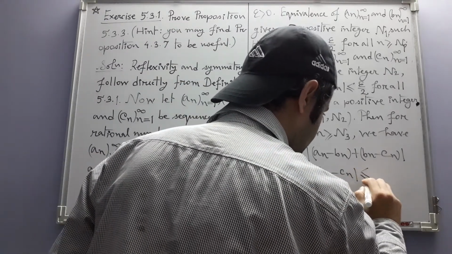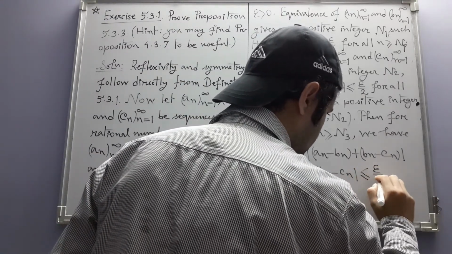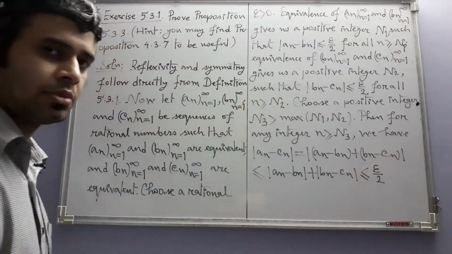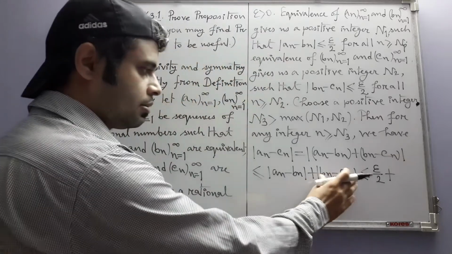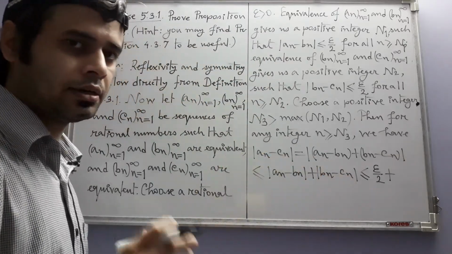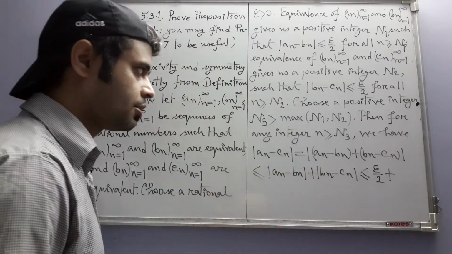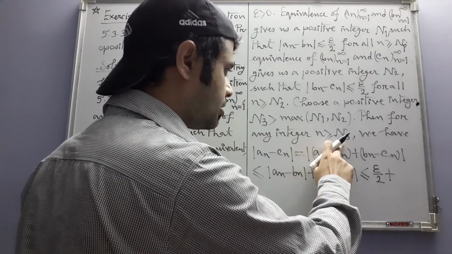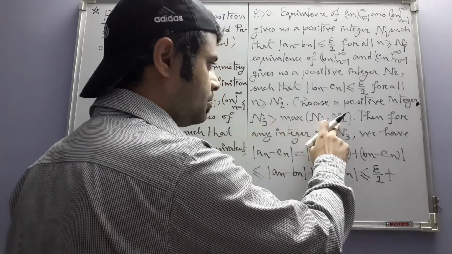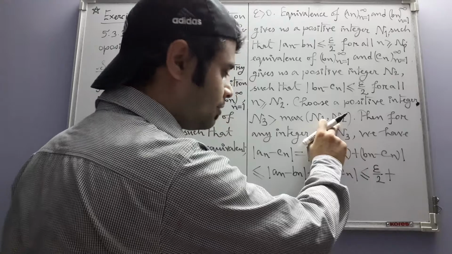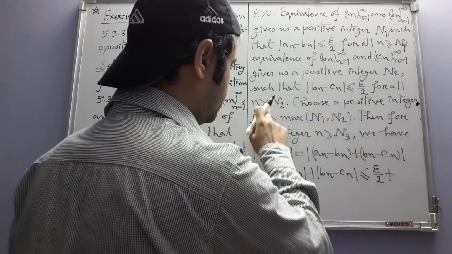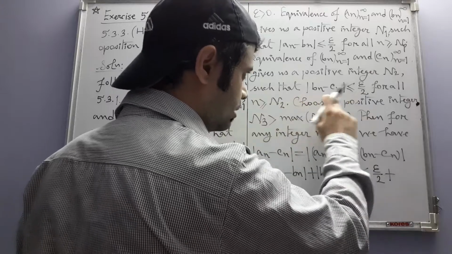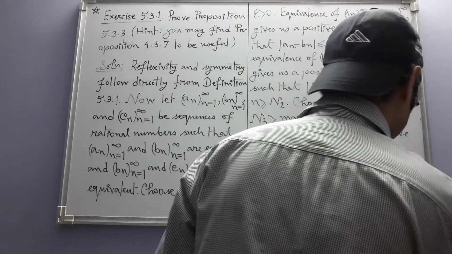So the first term in this sum does not exceed epsilon by 2, and like that the second term also does not exceed epsilon by 2, because when n is greater than or equal to N3, since N3 is greater than N2, n will be greater than or equal to N2 as well.